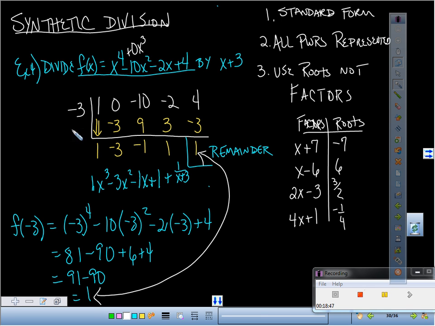All those things mean the same thing. Now, why do they call them zeros? Because that's where they intercept the x-axis. If you plug it in, what do you get? What does that mean your remainder should be? 0. So, he's really a factor.